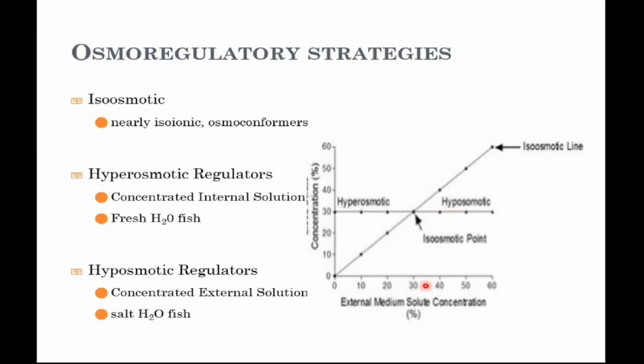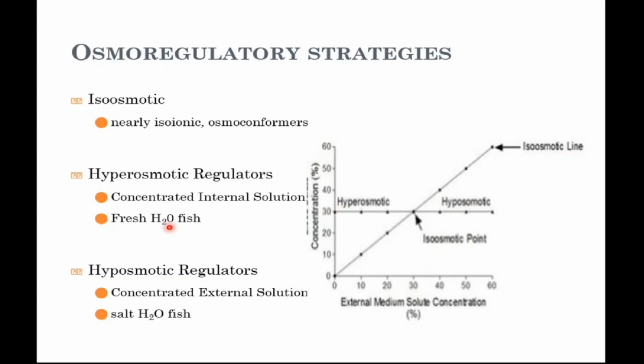But the external environment has 40%, 50%, 60%, which is higher than that of the animal's internal body. So it tells us that the animal's body has a lower concentration of salts as compared to the external environment. So they are called hypoosmotic animals, right?